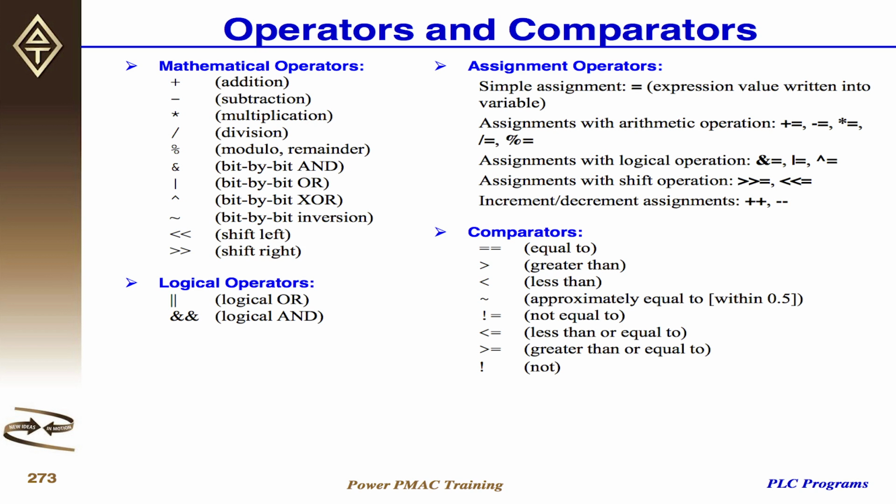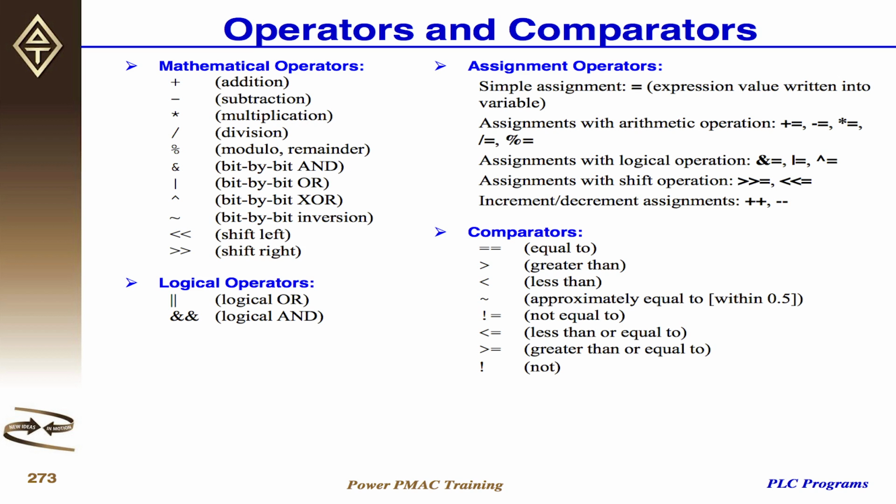And you can shift left and shift right using the C-like syntax. We have simple assignment operators, but also more complicated operators like plus equal, minus equal, star equal. Increment and decrement postfix assignments, like plus plus, minus minus, and so forth. If you're familiar with the C programming language, this should be pretty familiar.